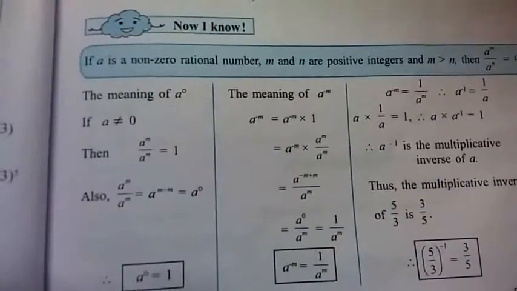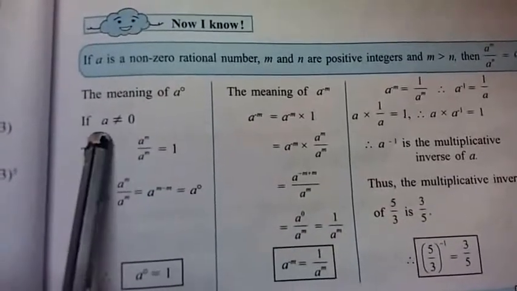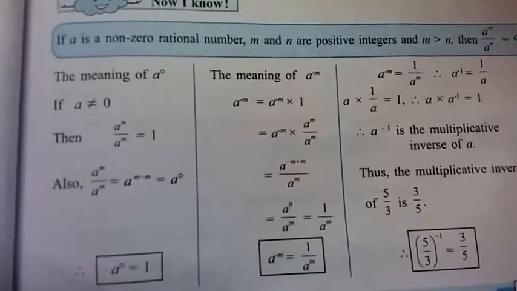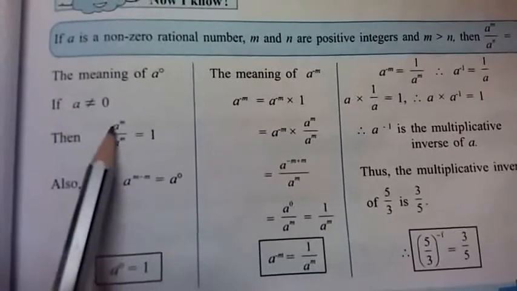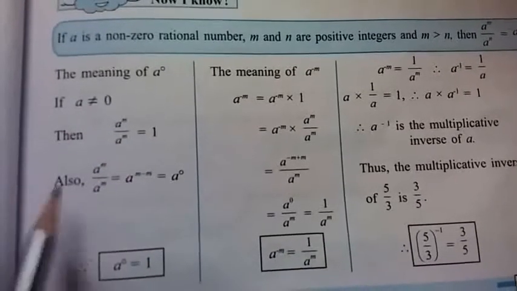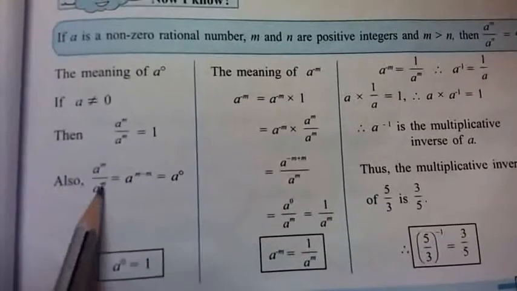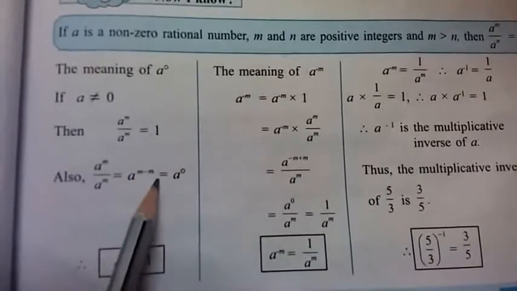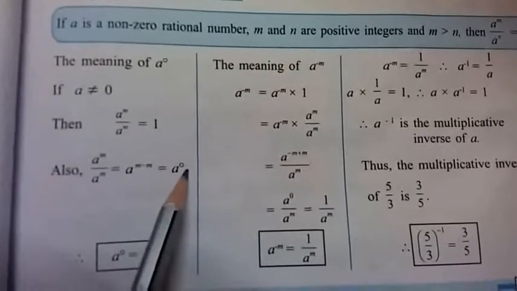The meaning of a raised to 0. If a is not equal to 0, then a raised to m upon a raised to m is equal to 1. Why? Because here the base and index are both the same. A raised to m divided by a raised to m means a raised to m minus m. m minus m is 0, so what is remaining is 0.